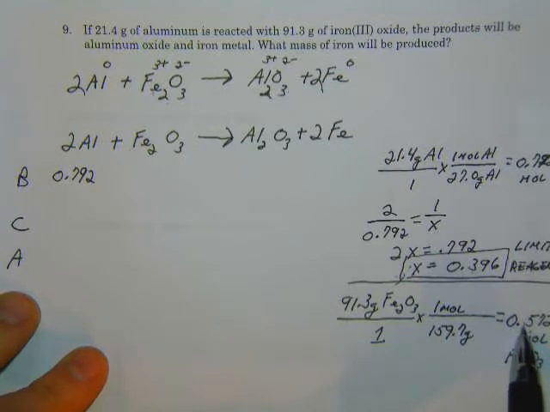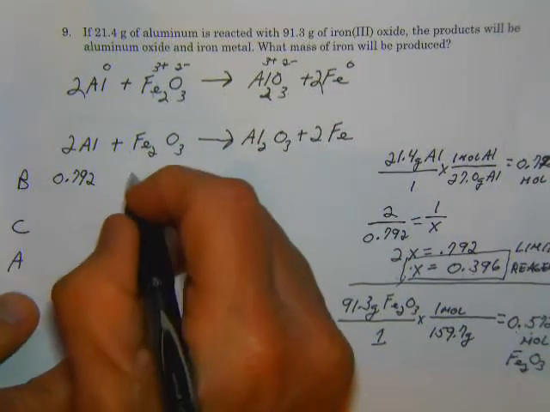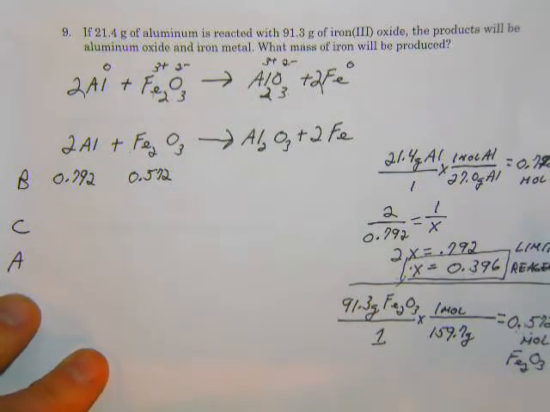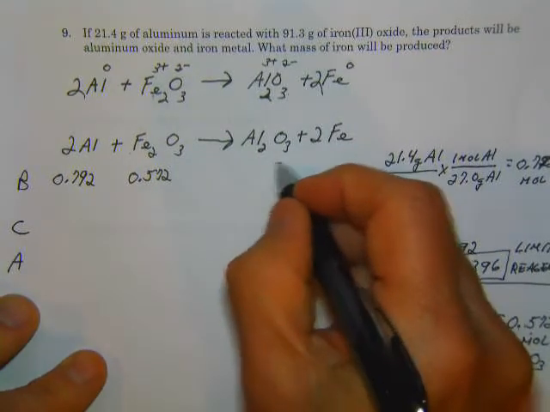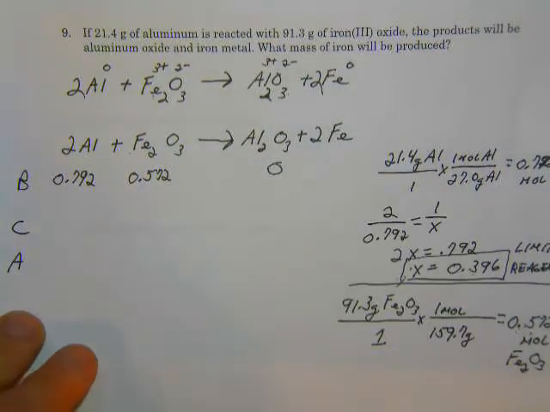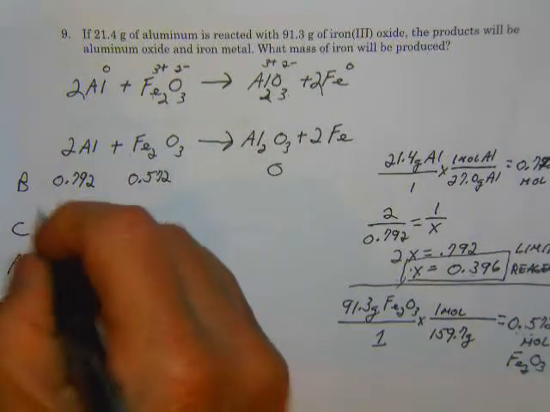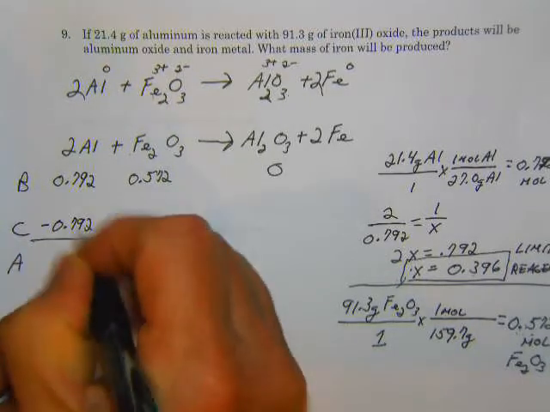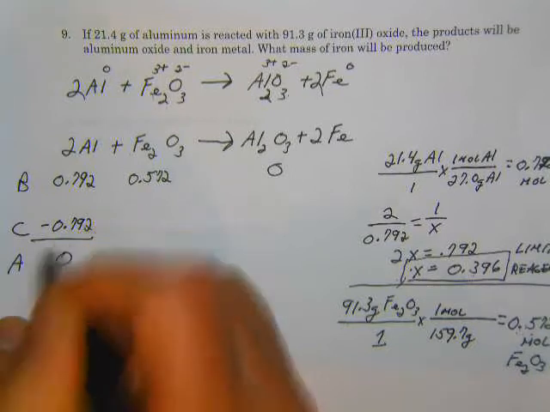We're given this much. So we need to put that in there. 0.572. Because in reality, this is going to be the excess reagent. We don't know what that is. Alright, so we're going to use all of this up. So let's go ahead and put this in as 0 here.